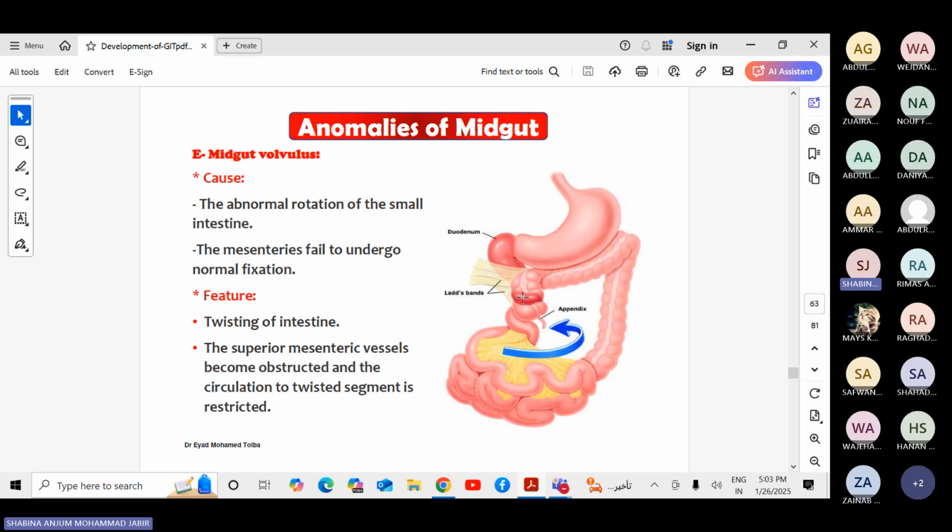The superior mesenteric vessels will be obstructed due to the twisting of the intestinal segment. This is also an emergency condition. If something like this is happening, the patient should go for emergency surgery.